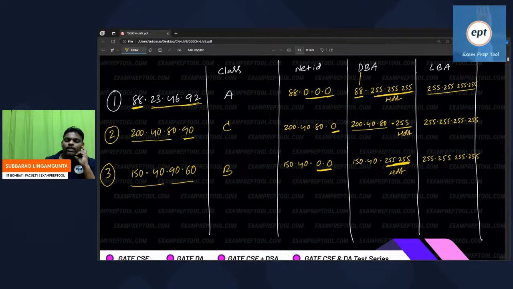Priyoshi is asking what is the difference between LBA and DBA. When you say DBA, you have to go to some other network, and in that network, all the people.